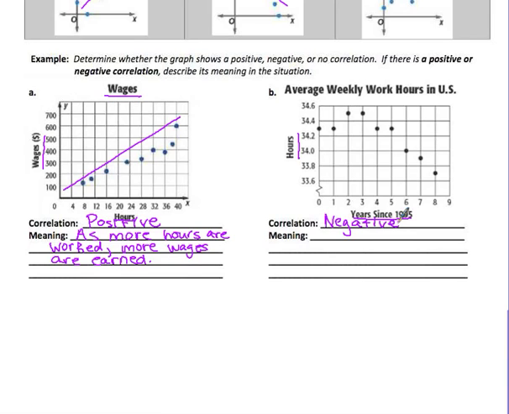So the meaning is that the further away from 1995 we've gotten, the average weekly work hours in the U.S. have gone down.